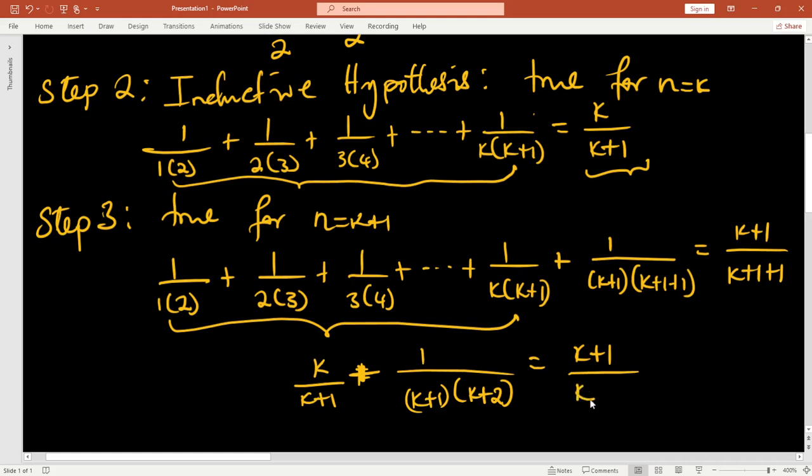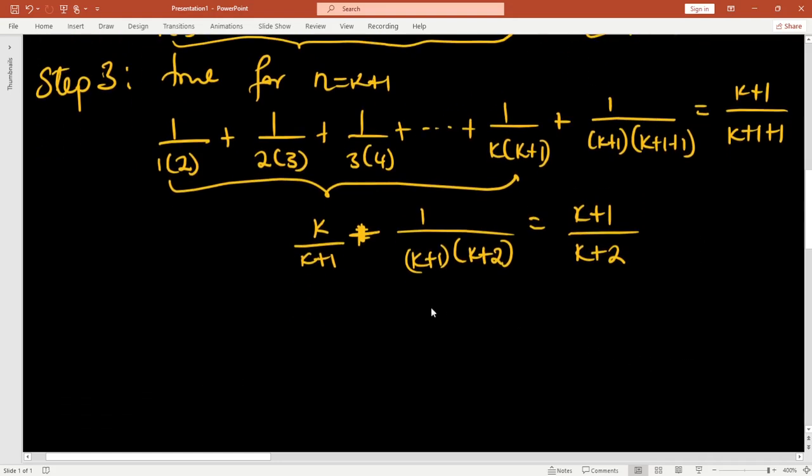Now we just need to show that the left hand side is equal to the right hand side.